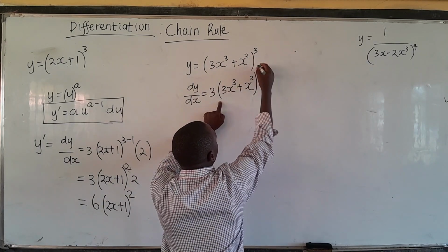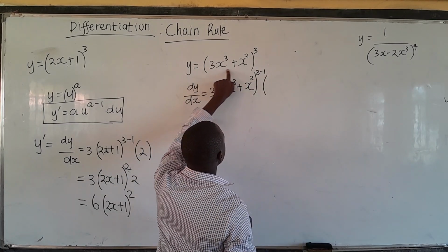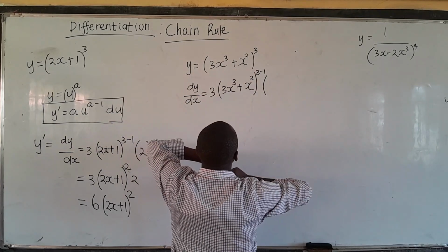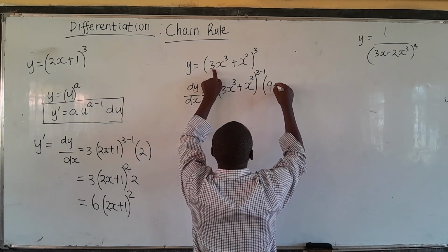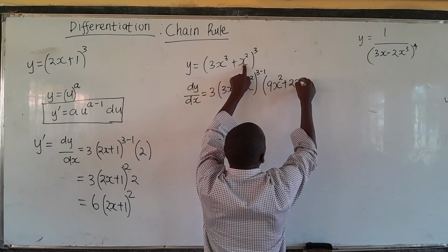Then we subtract 1 from the power, 3 minus 1, and then we multiply whatever we got with the derivative of what is inside the bracket, and that is going to be 9x power 2 plus 2x.